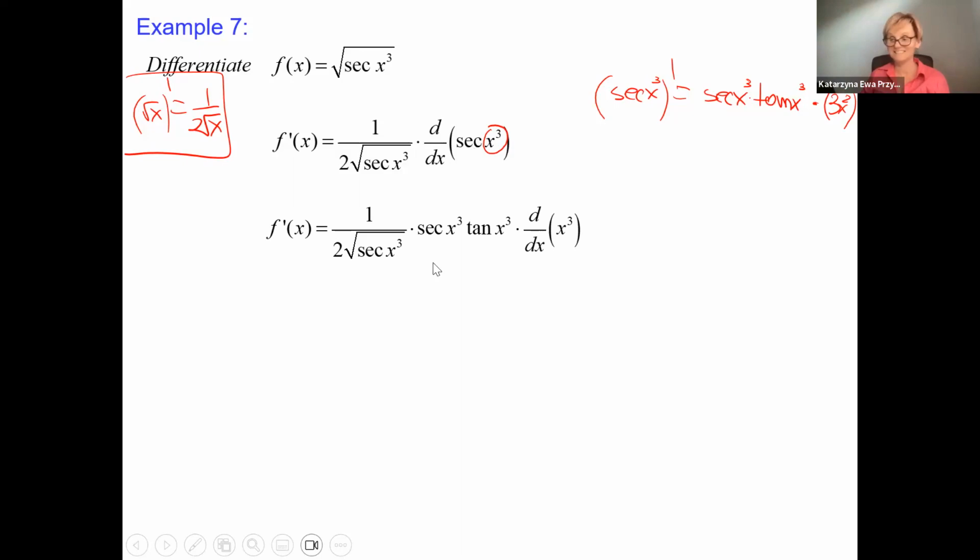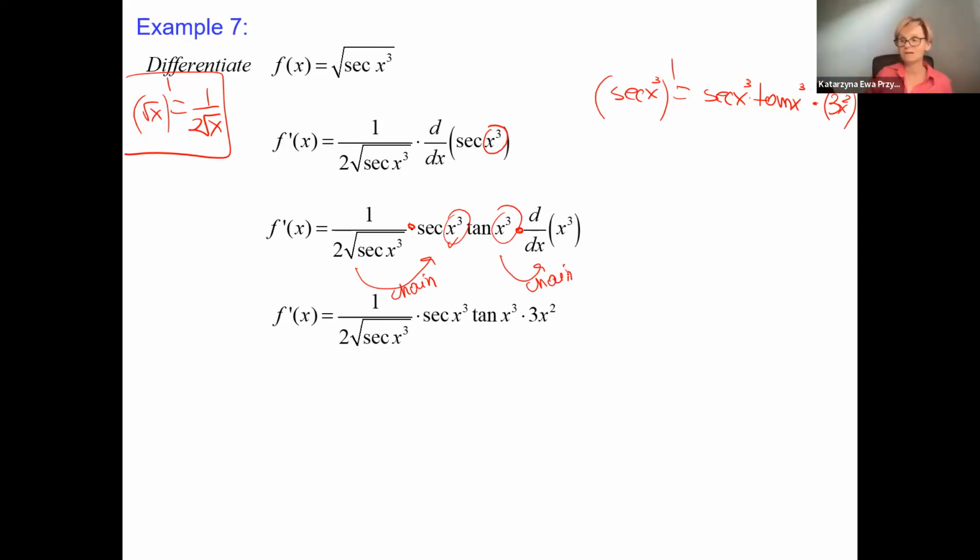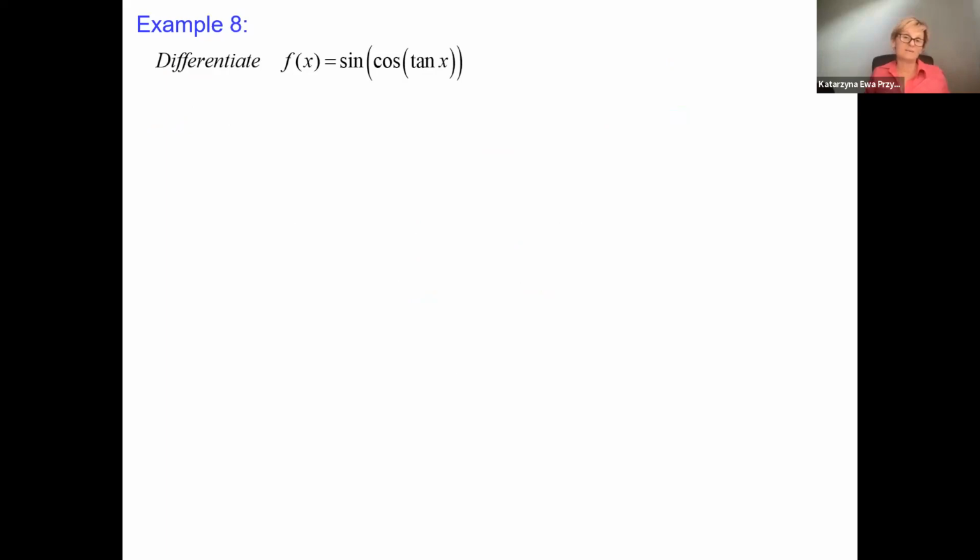The derivative of secant is secant times tangent of the same inner function, times the derivative of this inner function. That means we applied the chain rule twice. Okay, and that's it. No other simplification. I can put everything on the top.